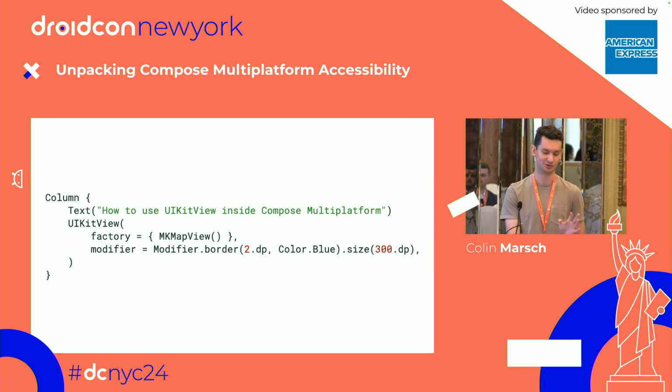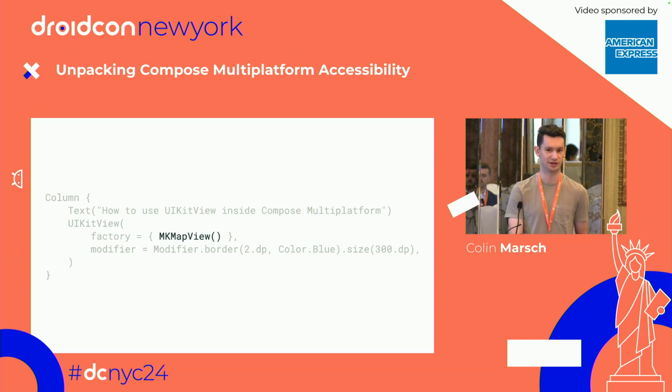The Compose Multiplatform framework provides a UIKitView composable function that may look similar to anyone who's used the AndroidView composable that allows you to use native legacy Android views in a composable context. This is very similar in that you can just wrap a native iOS view into your Compose Multiplatform UI.